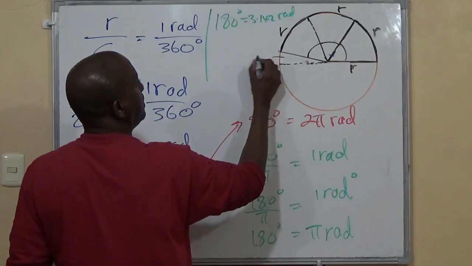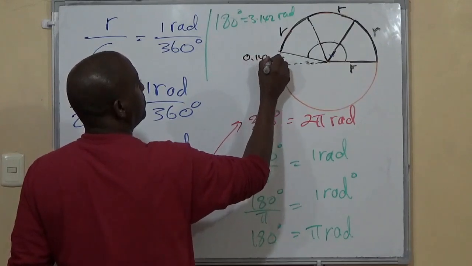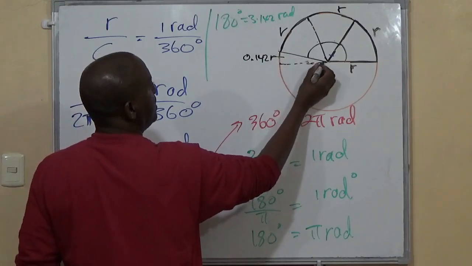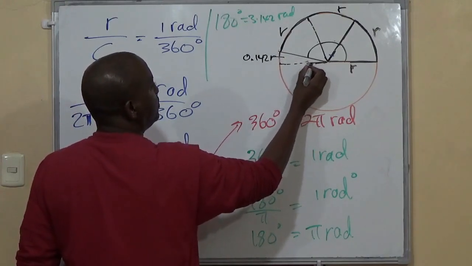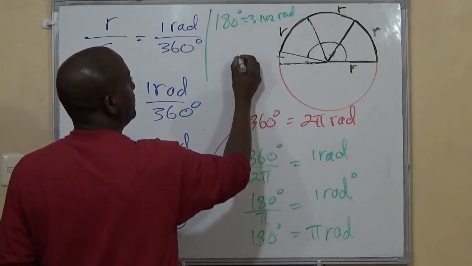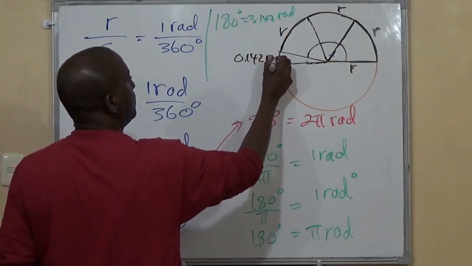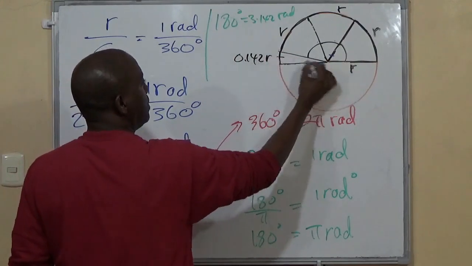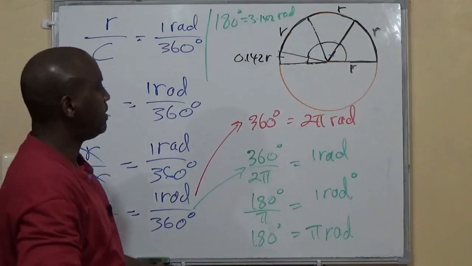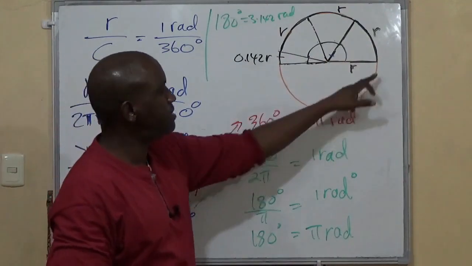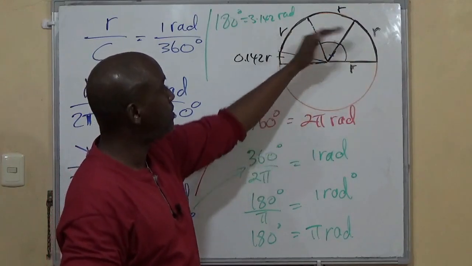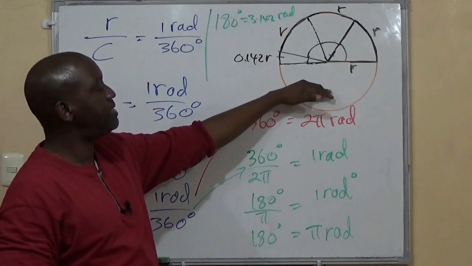So this would be 0.142 r. In other words, the ratio of this little piece here to the radius would be 0.142. So you get 3.142 radians being equal to 180 degrees. And of course, you continue like that on this second half as well, and you get the same thing. 3.14 on this side, 3.14 on this side.